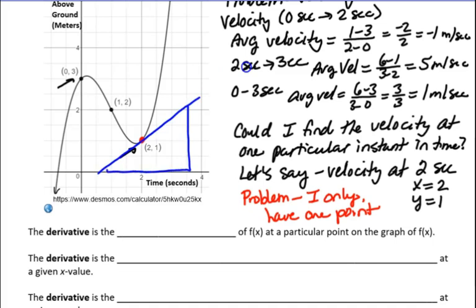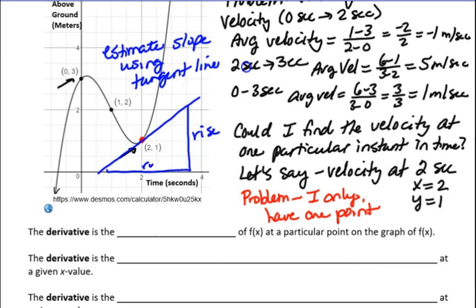Estimate slope using a tangent line. Okay, so here would be my rise over run, and it looks like it's approximately 1.